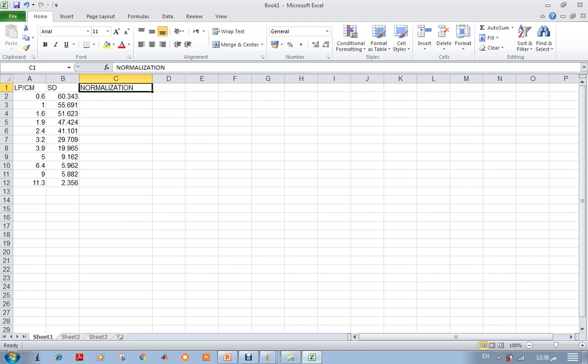You will do the same value like this one: get the second value divided by the first one, get the third value divided by the first one.